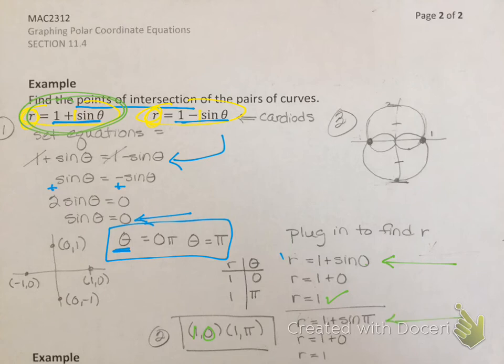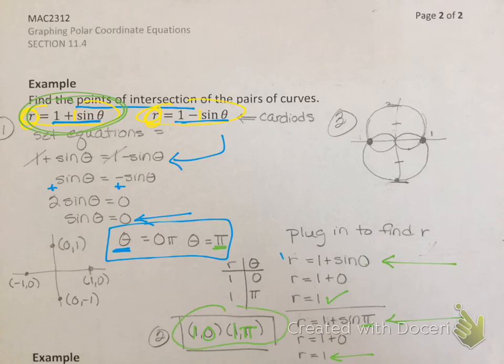I repeated the process when theta is pi. Sine of pi is also 0, so r is also 1. So when theta is pi, r is also 1.